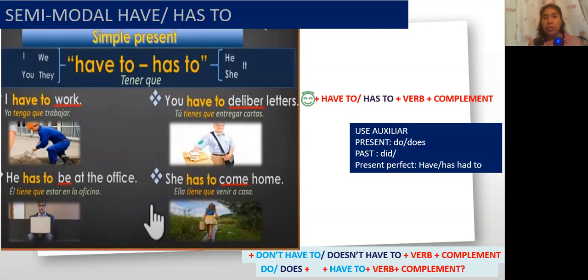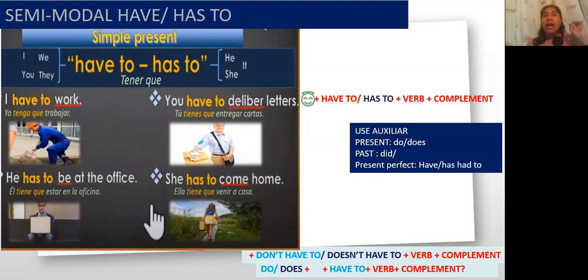Okay? So let's make a recapitulation. Only have to, has to, is a semi-modal and is the only one that uses an auxiliary. The only one, remember, is the exception. Okay? Well, now we're going to move on to the different explanations and meanings.